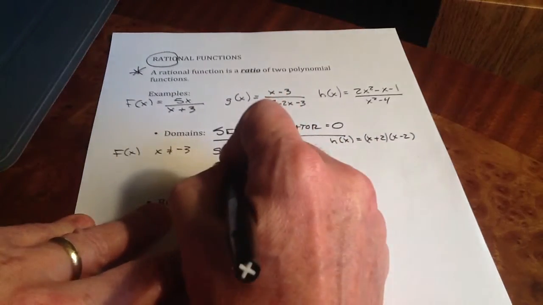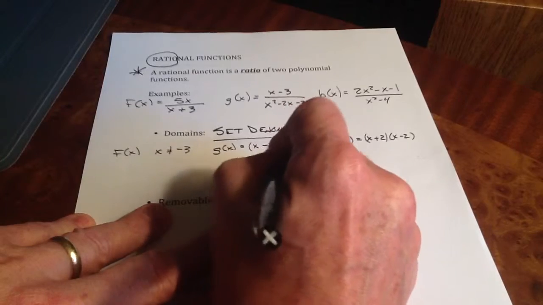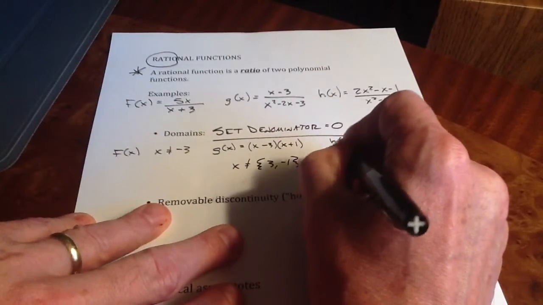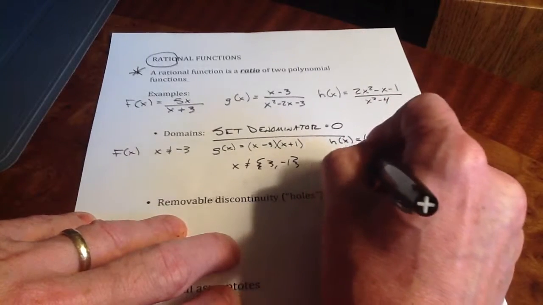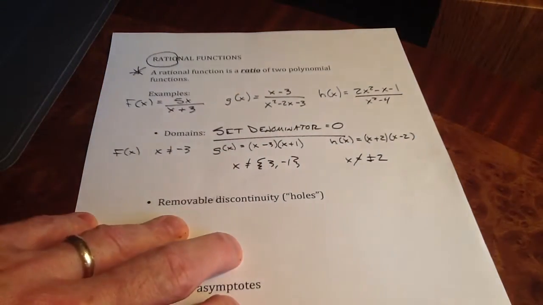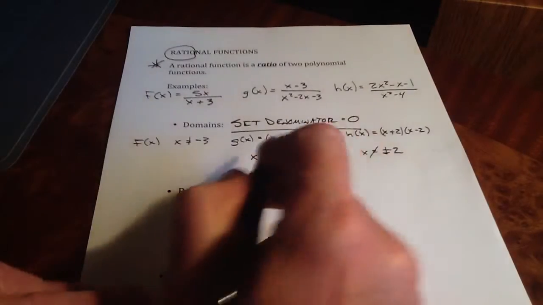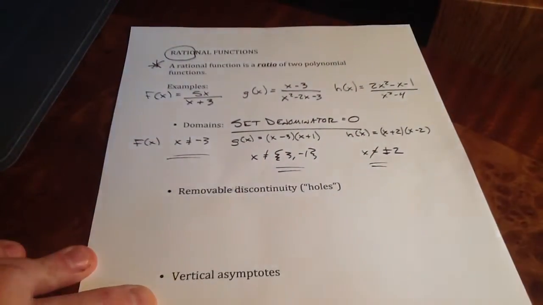So here, x could not be equal to 3 or -1. And here, x could not be equal to plus or minus 2. Yes? Good. So this gives me the set of numbers that are not in the domain.